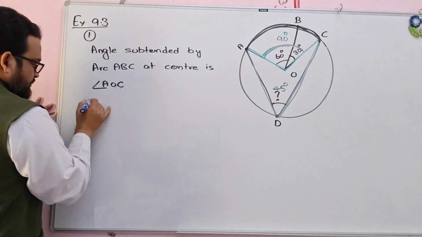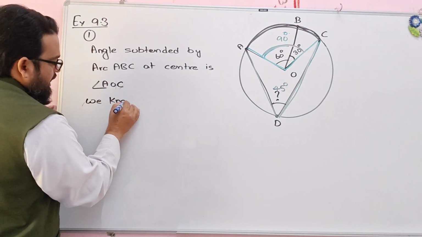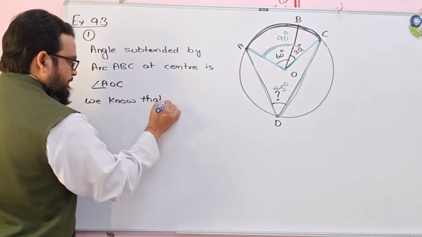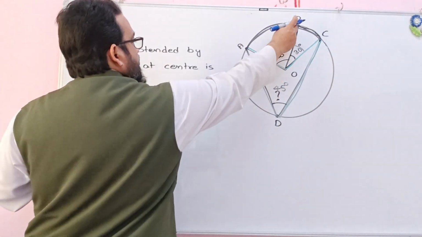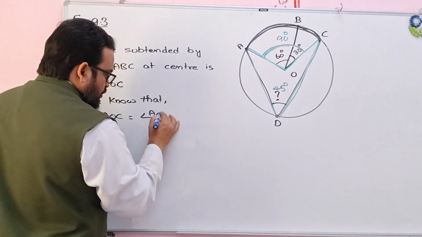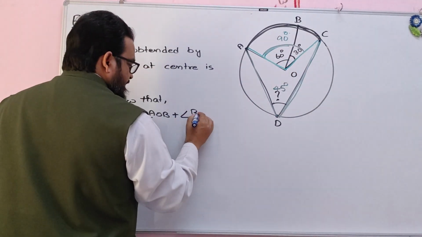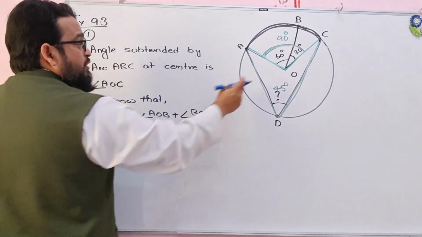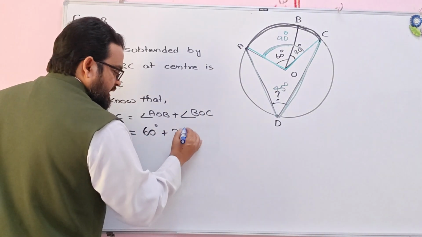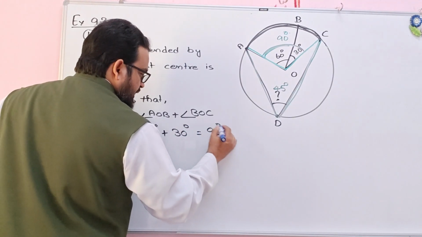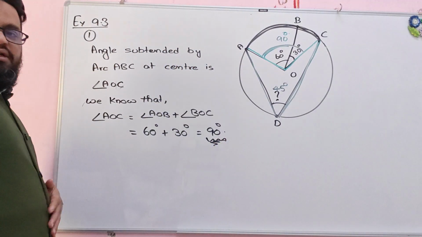But we know that angle AOC is made up of angle AOB plus angle BOC. So what is angle AOB? AOB is 60 degrees plus BOC, which is 30 degrees, that is equal to 90 degrees. Understood? Angle AOC is equal to 90 degrees.